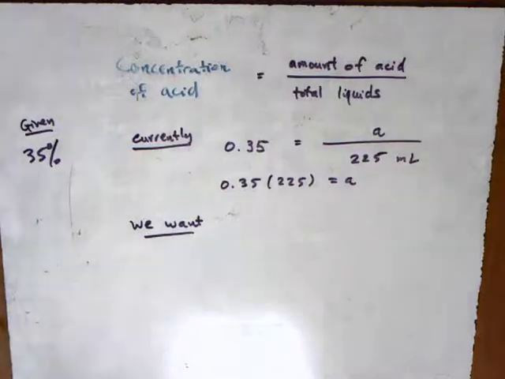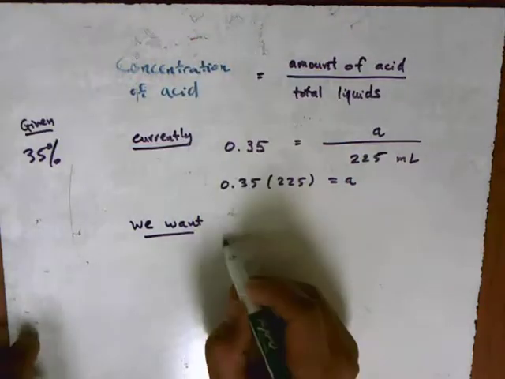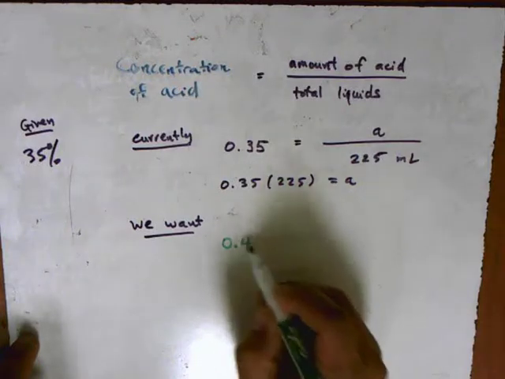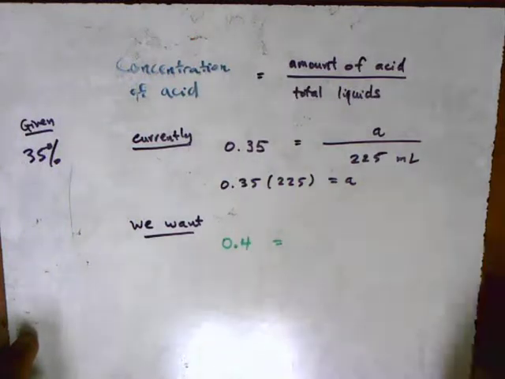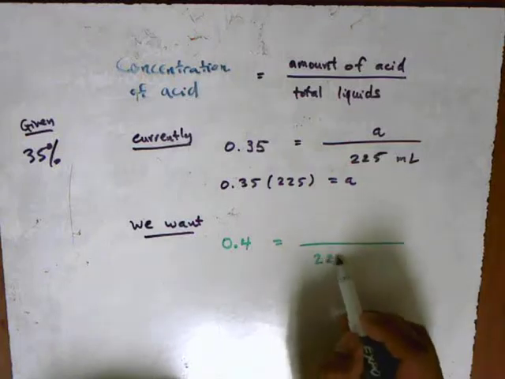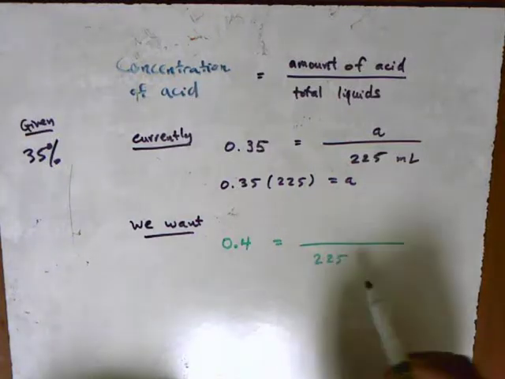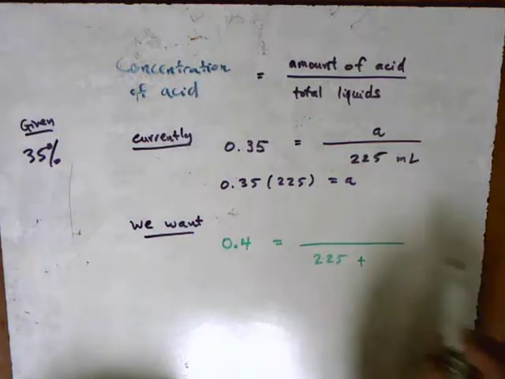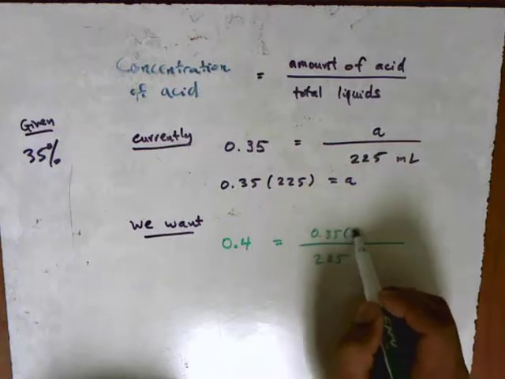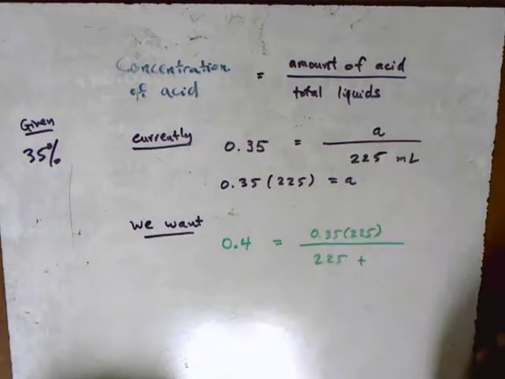We want the concentration to increase to 0.4, and we don't know what this total is. We know it's at least 225, and we're going to have to add some stuff to it, and we know that we have at least 0.35 times 225, whatever that number is.